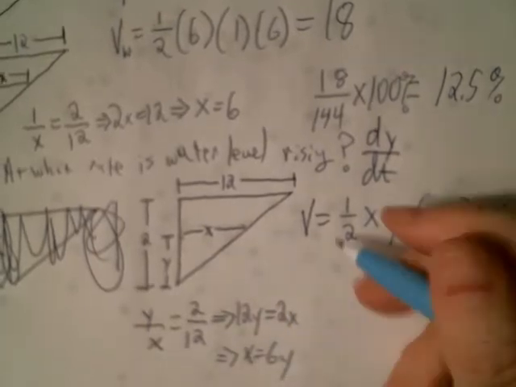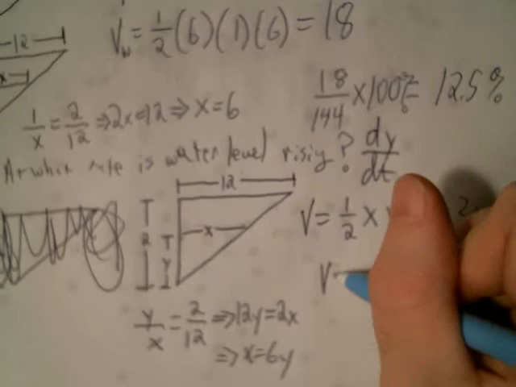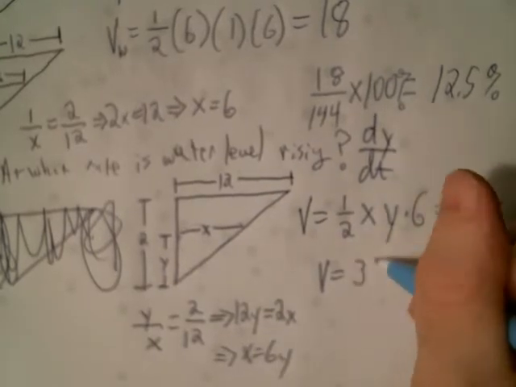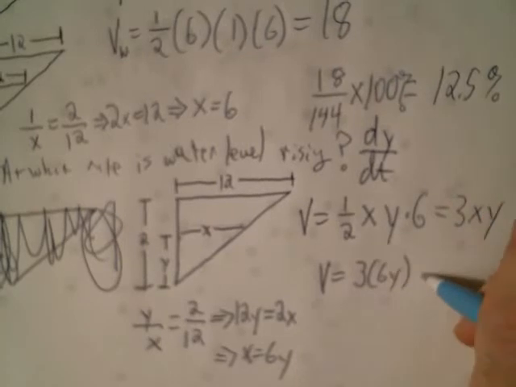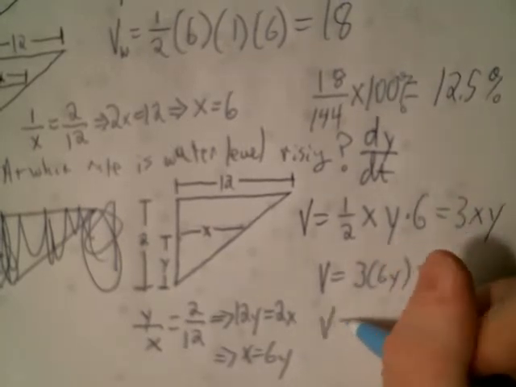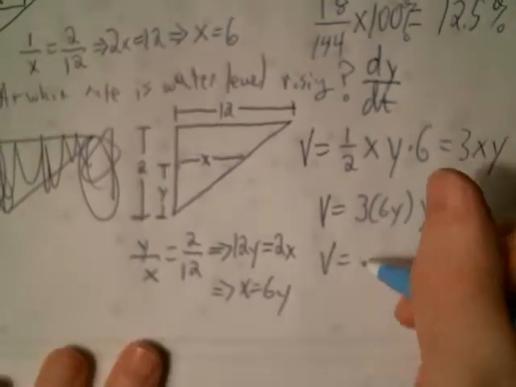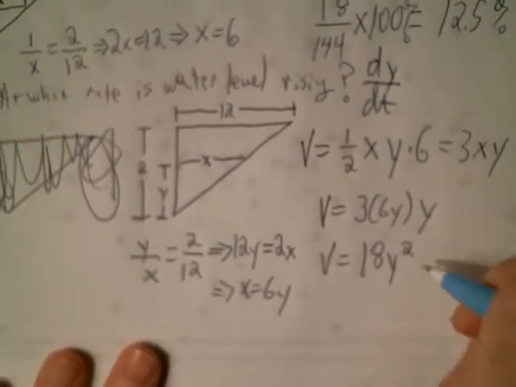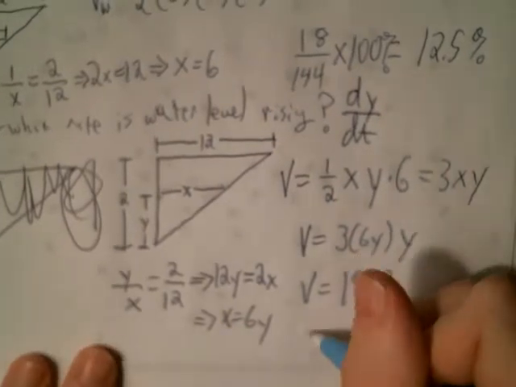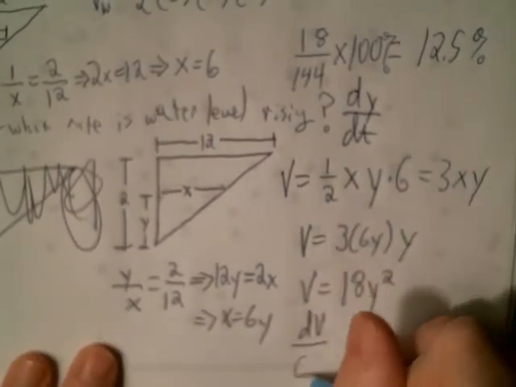And I get rid of it that way. So my volume equation is going to be 3 times 6y times y. And of course, that will be then 18y squared. And then I can go ahead and get the related rates problem.